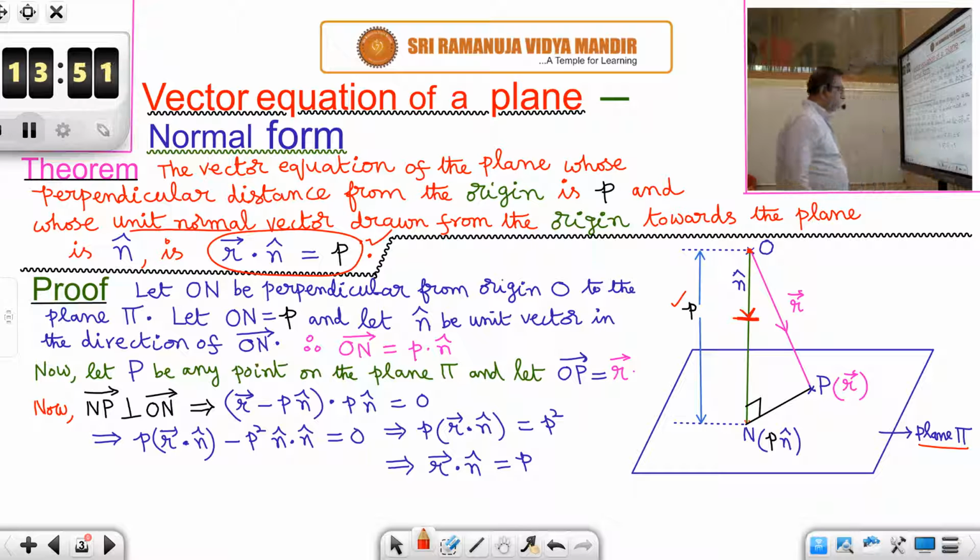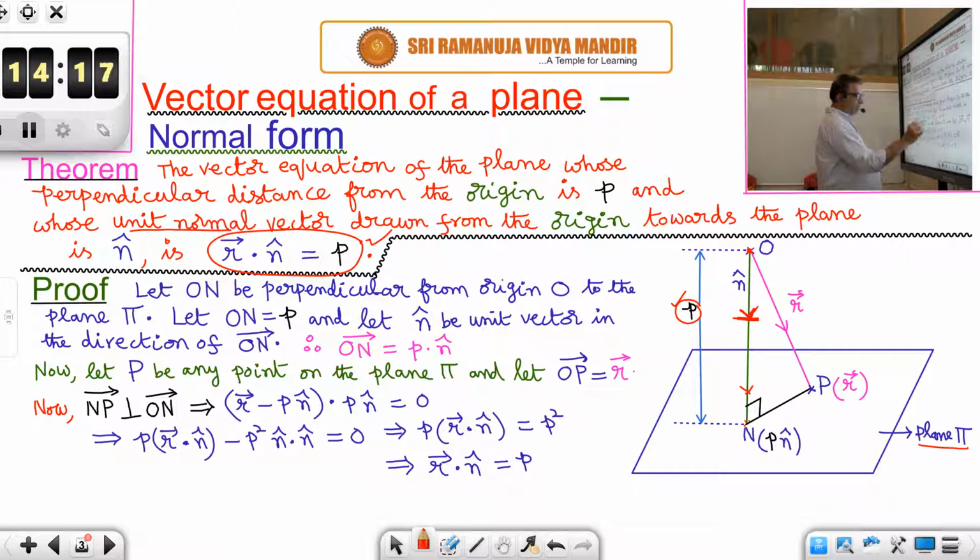Then we have to find the equation of the plane. So first of all, I will find ON bar. O is the origin and N is the foot of the perpendicular. What is ON bar? ON length is P, is it not? ON magnitude is P and in that direction the unit vector is n cap.